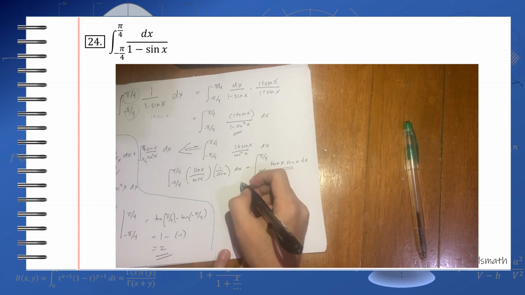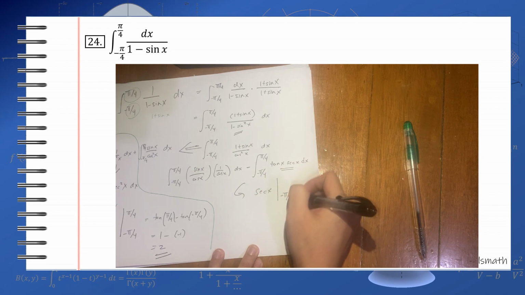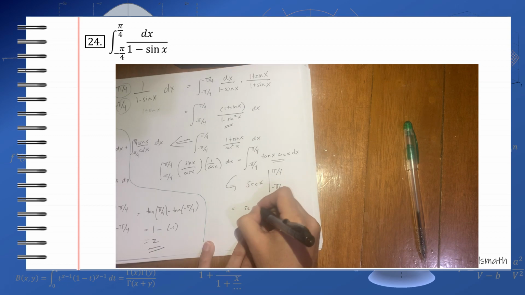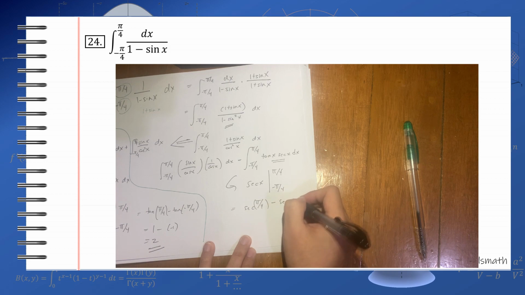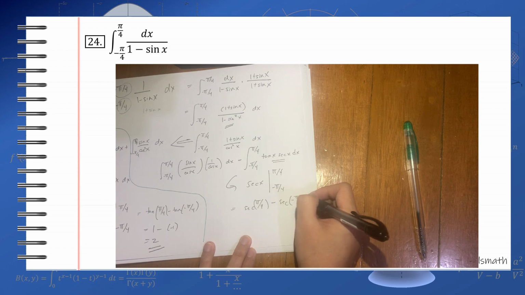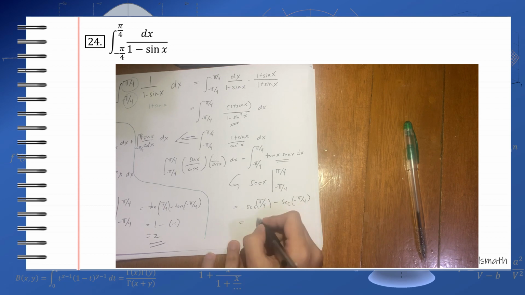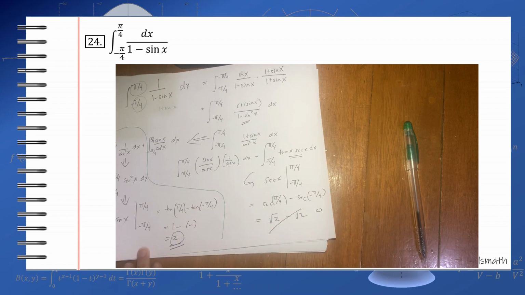So this one becomes secant x evaluated from negative pi over 4 to pi over 4. So this is secant pi over 4 minus secant of negative pi over 4, which is equal to square root of 2 minus square root of 2, so 0. So the answer is 2.